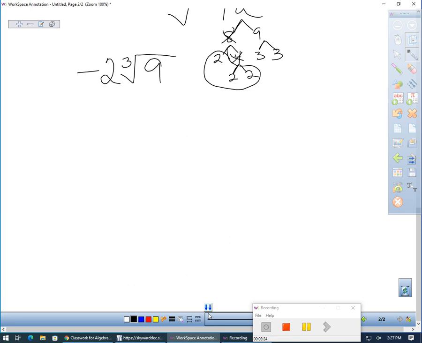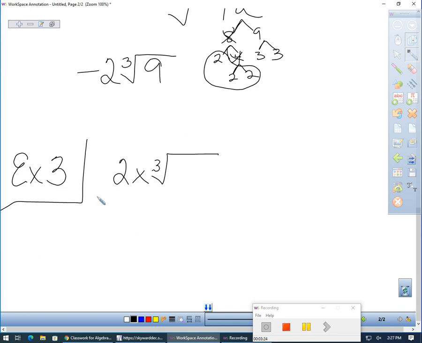Example number 3. Not really. I mean, they get a little bit bigger. Example number 3. Let's do 2x. The cube root of 9x times 3x, the 4th root of 2x. Correct.